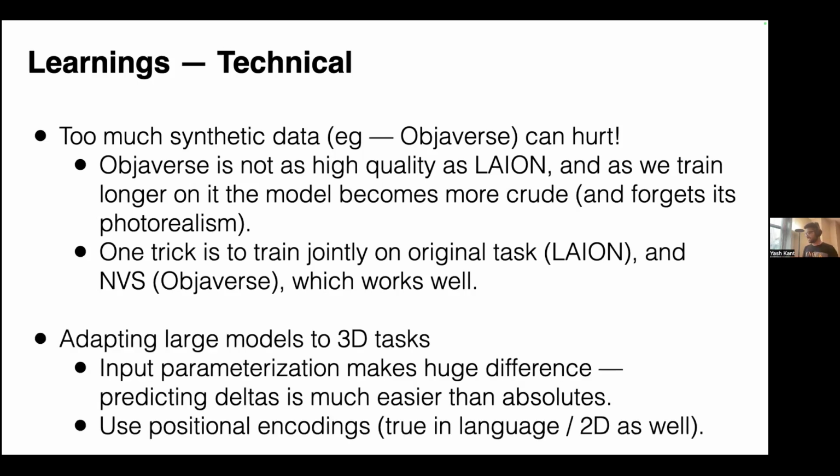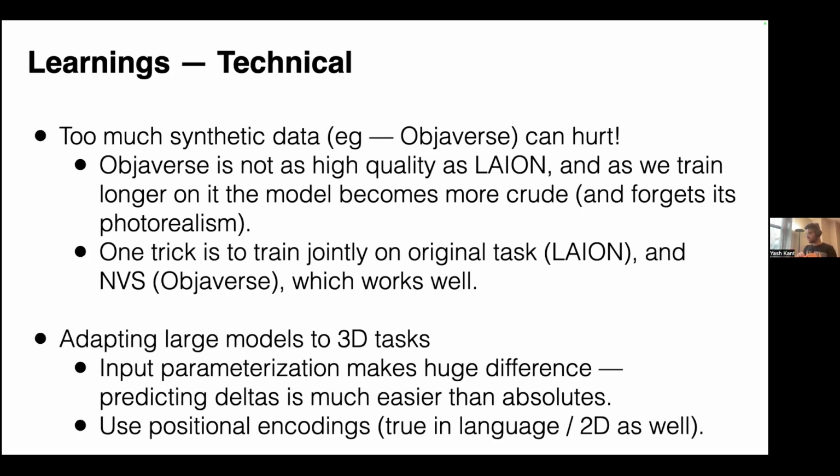And then another thing, adapting large models to 3D tasks. In this particular line, I feel there are two important things. One is that the input parameterization of a task makes a huge difference. It is much easier to predict deltas between things than to predict absolute values.